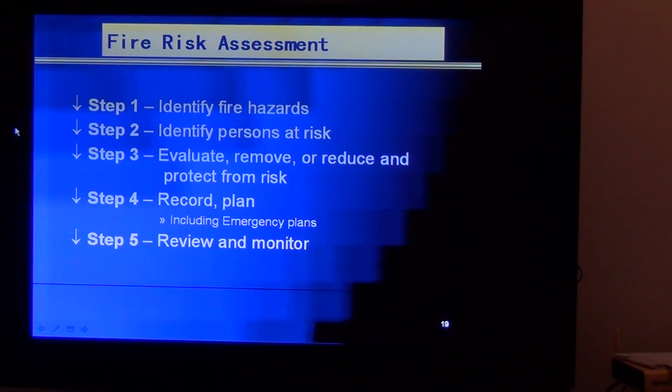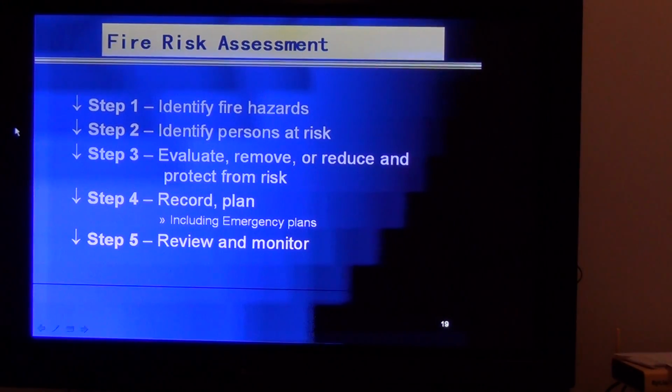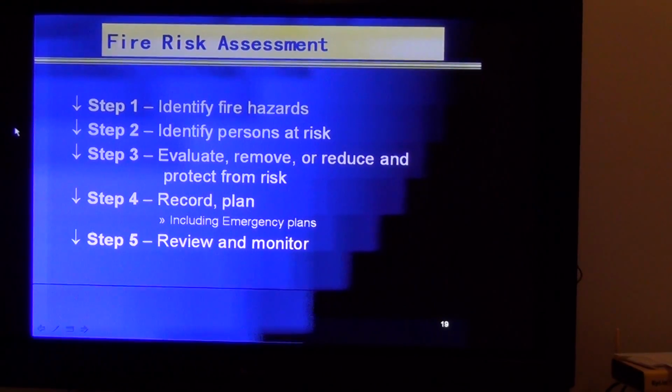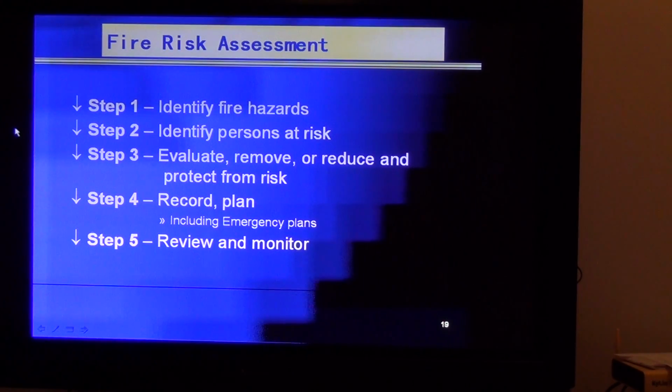Generally we call it emergency response plan, ERP. And this is very important. We don't only need to have a very good ERP, but we also need to have a very good program to implement, including the drill, and so on. Step 5 is review and monitor.